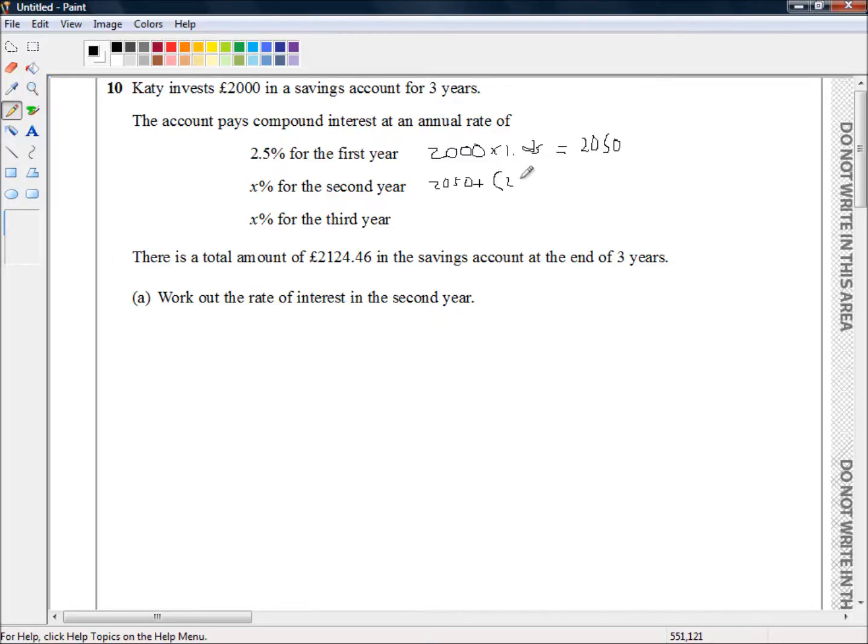So that's 2,050 times X over 100, which is equal to 2,050 times, and this time it's 1 plus X over 100, because 2,050 divided by 2,050 is 1, plus, when we divide this by 2,050, we're just left with the X over 100. So that's times 1 plus X over 100.